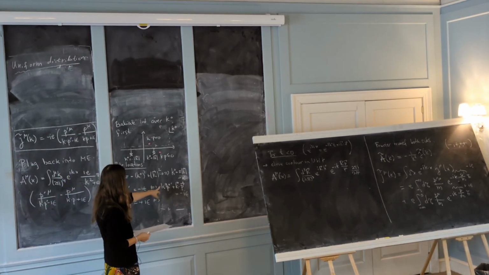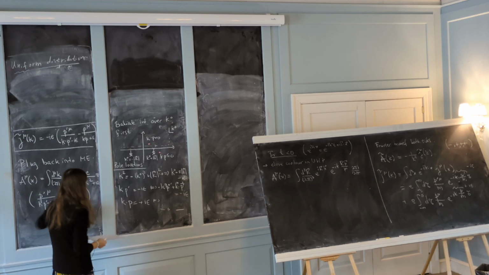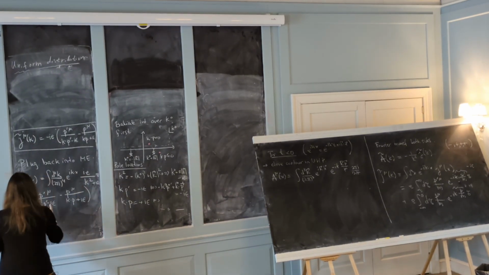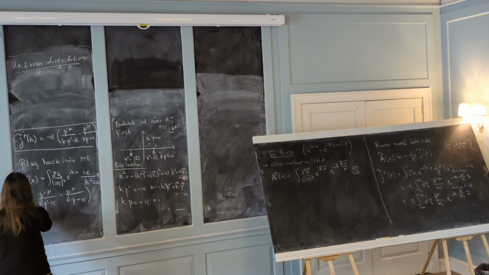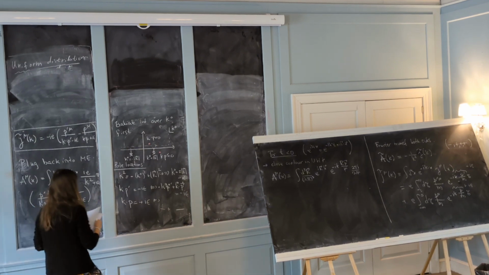No, because it's minus k0. So k dot p prime is minus I epsilon. Oh, sorry, I did mess something up. So k dot p prime. Alright, okay, yeah. It should be k dot p prime equals plus I epsilon. Yeah, sorry, exactly.